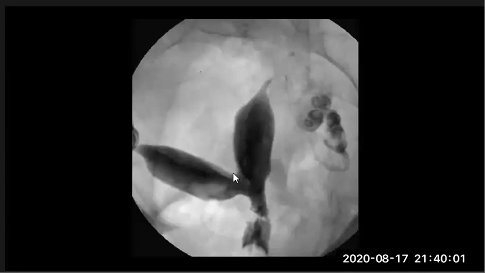I think the best method for differentiation is to do MRI. With MRI you see the septum, and you see whether it is a partial septum or a complete septum. Sometimes a complete septum is shown in the hysterosalpingogram as a bicornuate uterus.